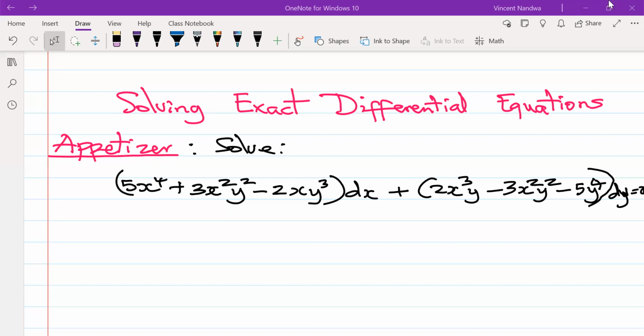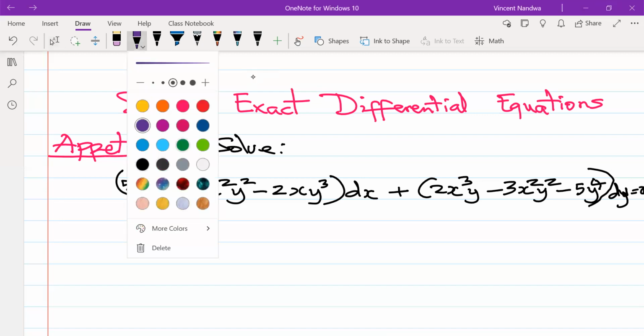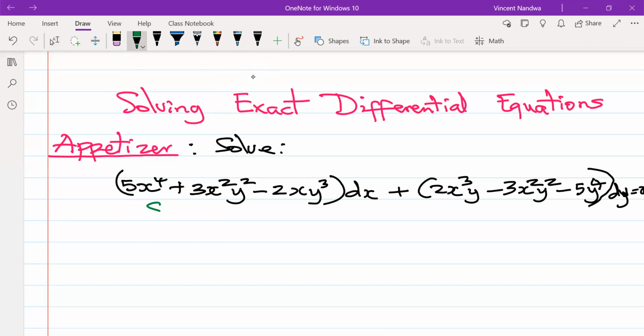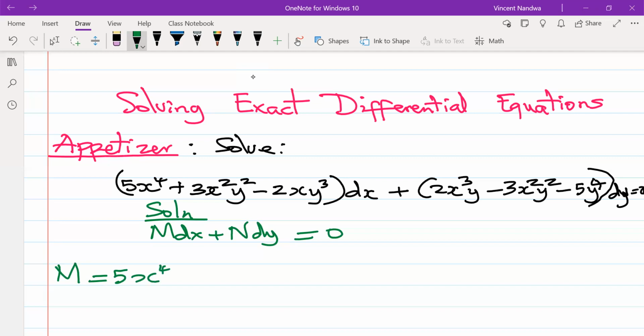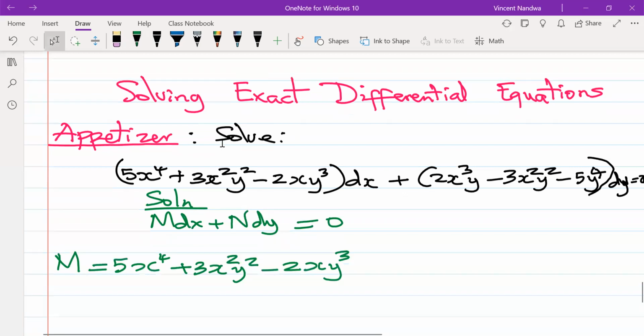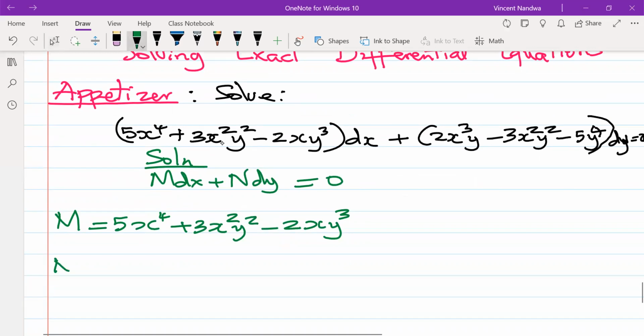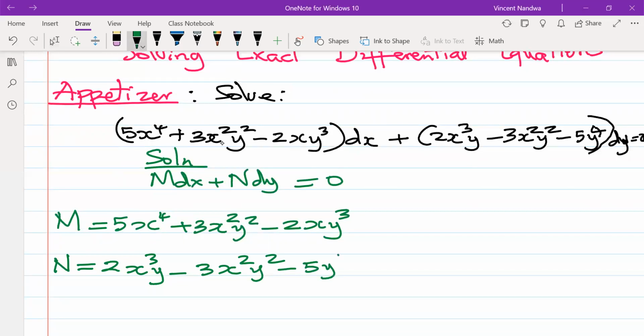So the first thing, we realize that this equation is in the form M dx + N dy = 0, where M is given by 5x^4 + 3x^2y^2 - 2xy^3, and N is given by 2x^3y - 3x^2y^2 - 5y^4.